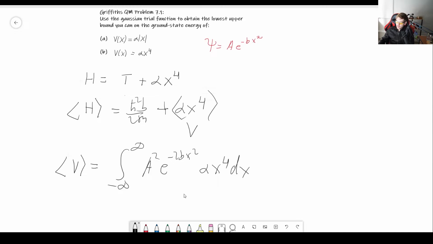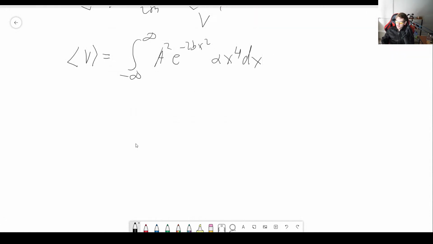So we can, of course, pull all of our constants outside. So alpha, a squared, they can all go outside. And e to the minus 2b x squared, x to the 4th power dx. So what's up here? How do we solve that integral?